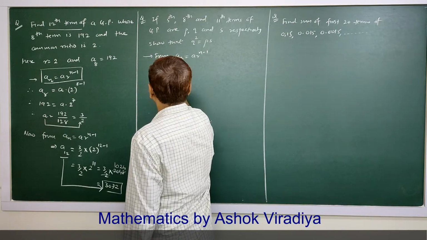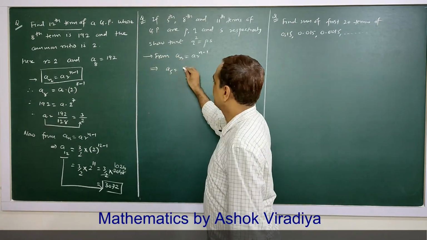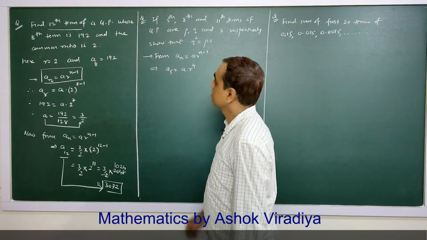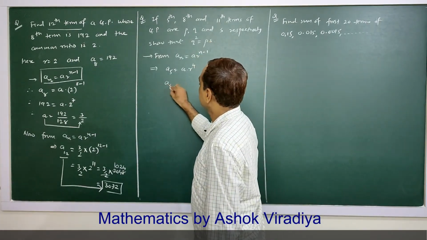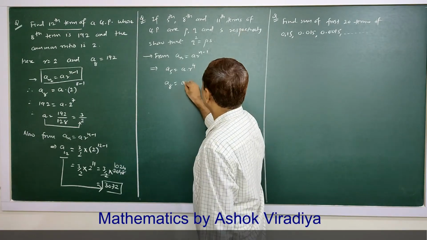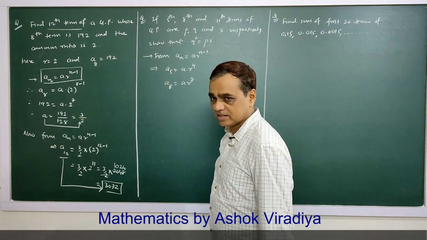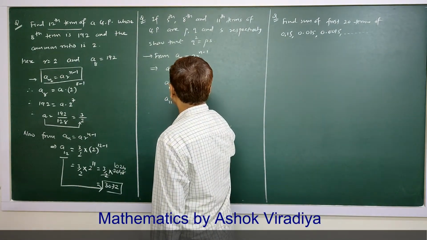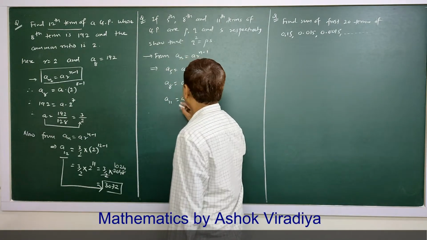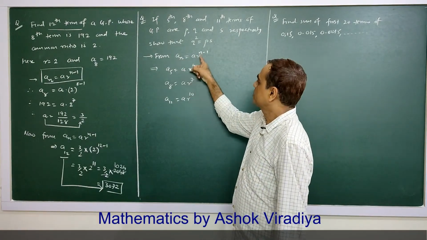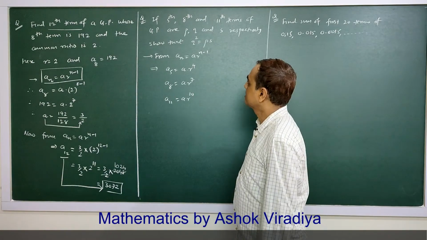So the 5th term is A into R raised to 4. The 8th term is A into R raised to 7. And the 11th term is A into R raised to 10. See here, if you keep 11, then 11 minus 1 is 10.